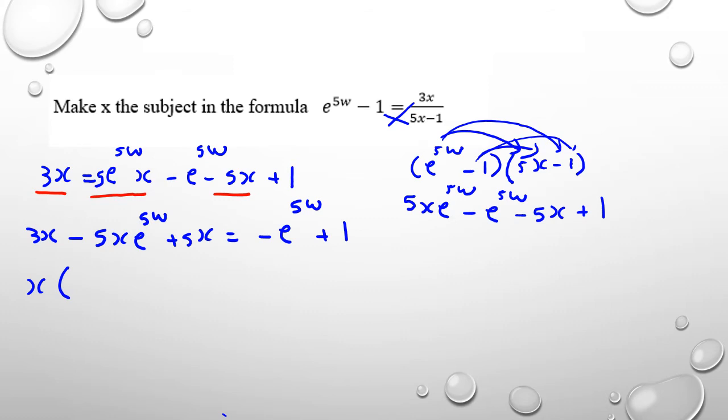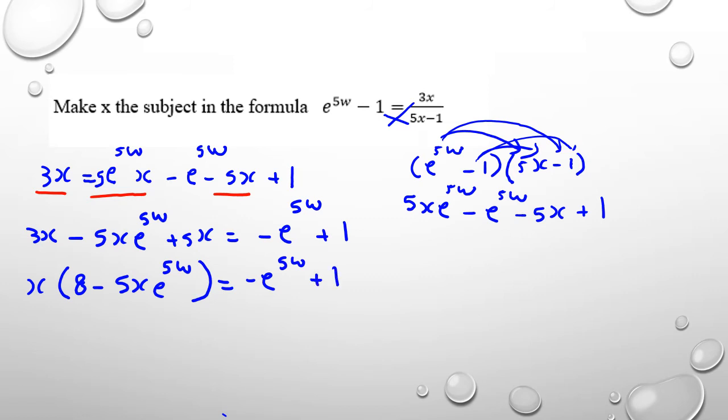Left is 3x plus 5x, which are like terms, so you can simplify them, giving you 8x. So that's why I end up with 8 minus 5x e to the power of 5w, close bracket, equal negative e to the power of 5w plus 1.